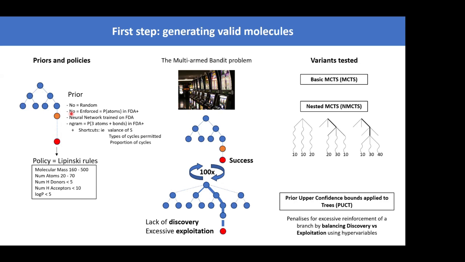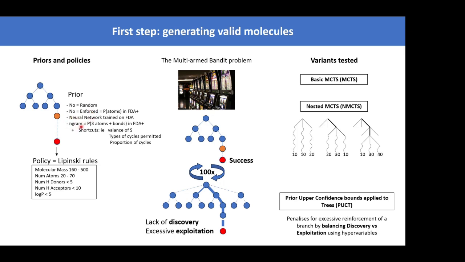So at least like this, we are sure that we're going to generate molecules that don't have a completely crazy atom proportion, like half of them being nitrogens, for instance. Then as an internal control, we used a neural network trained on the FDA compounds. The reason for that is that's what we found to be the best performing out there until we came around, and therefore we wanted to see whether we could perform better than that.